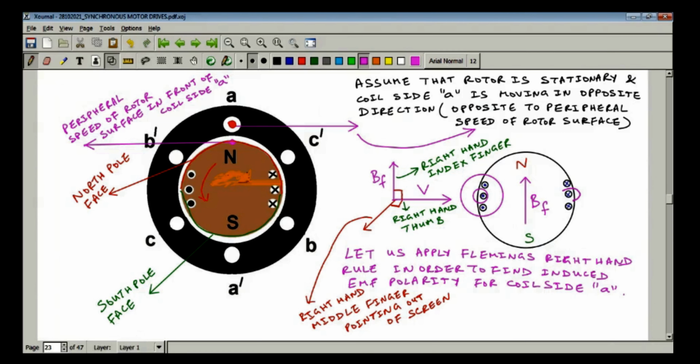These will be the lines of flux. I am plotting few of them, not all of them. So you can see the direction of the lines of flux like this.